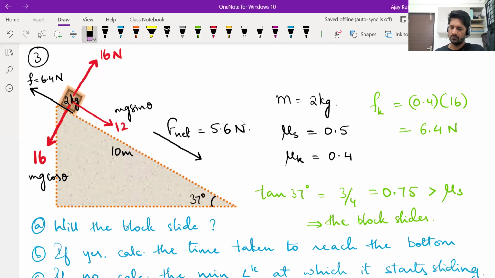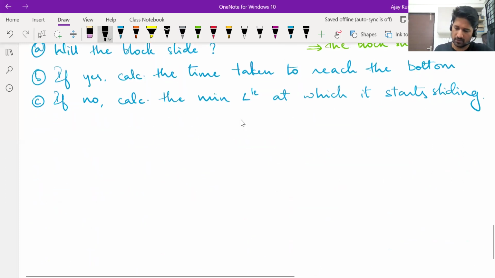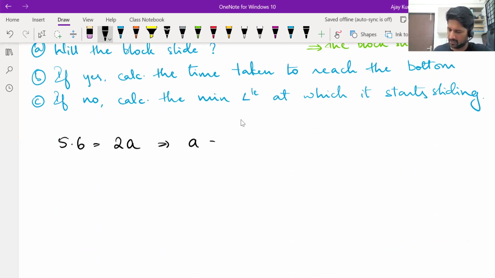Okay. So net force is 5.6 Newton. So net force is equal to mass into acceleration. You get an acceleration of 5.6 by 2, 2.8 meters per second square. With that, you can tell the time it takes to reach the bottom of the incline. S is equal to ut plus half at square. Displacement and acceleration are in the same direction.